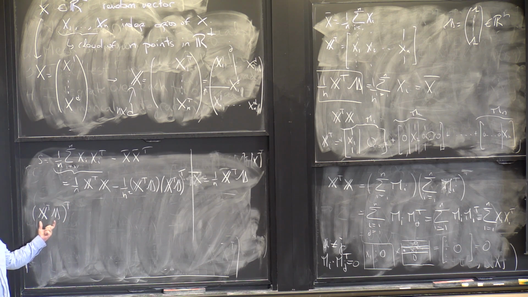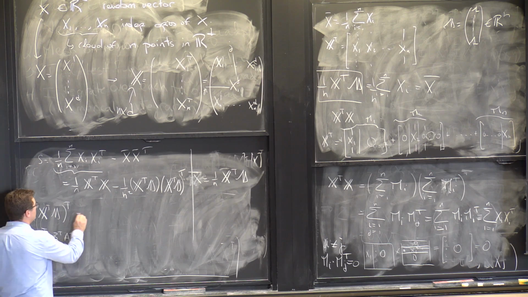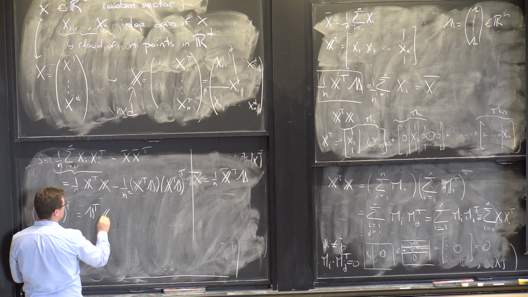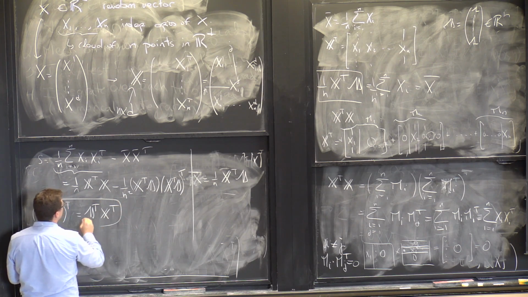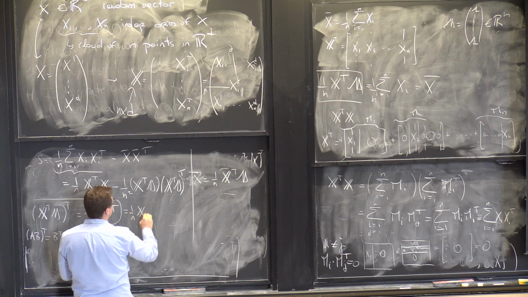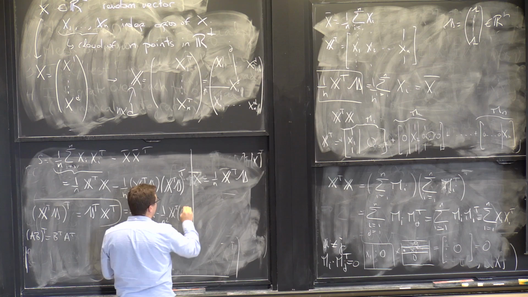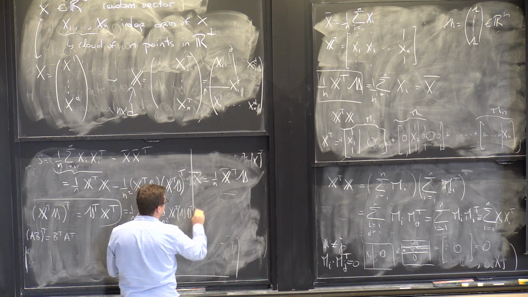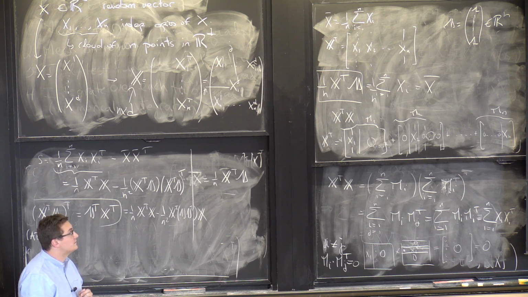The rule, if I have A times B transpose, it's B transpose times A transpose, right? The rule of transposition. So this is 1 transpose x. And so when I put all these guys together, this is actually equal to 1 over n x transpose x minus 1 over n squared x transpose 1, 1 transpose x. Because x transpose transpose is x.